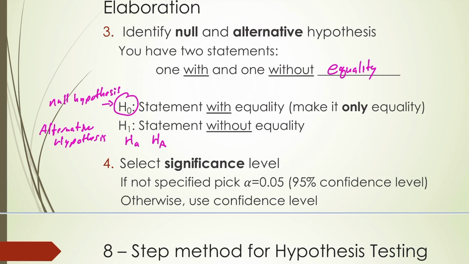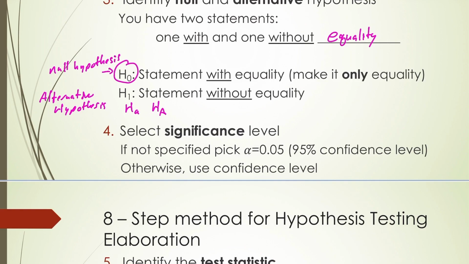Okay, so the null hypothesis gets the statement that has equality in it, and the alternative hypothesis, H1, has the statement without equality. Step 4, select significance level. This is similar to your confidence level for margin of error. We call it alpha. If not specified, we generally pick 0.05.